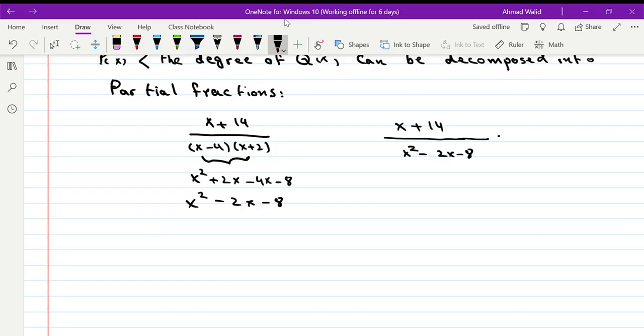You see the degree of the numerator is 1. The degree of the denominator, which is q of x, is 2. The degree of the numerator, or p of x, is less than the degree of q of x. Then you can write this as partial fractions, which I showed you here.